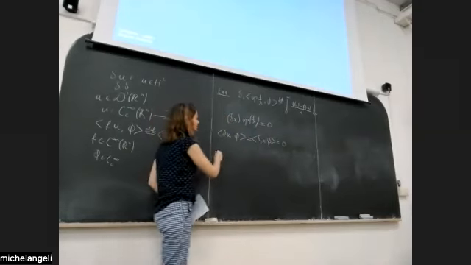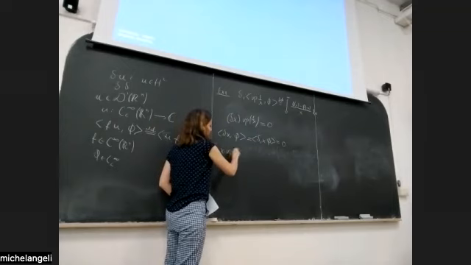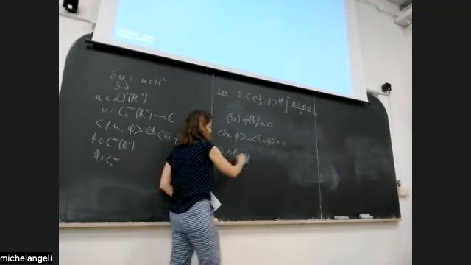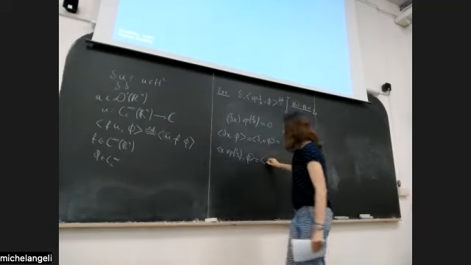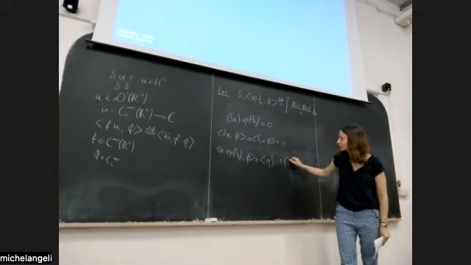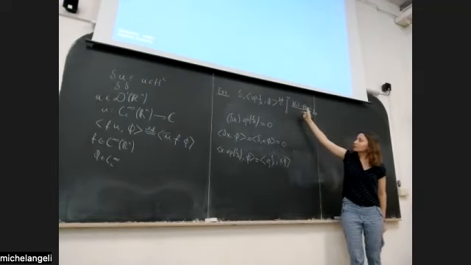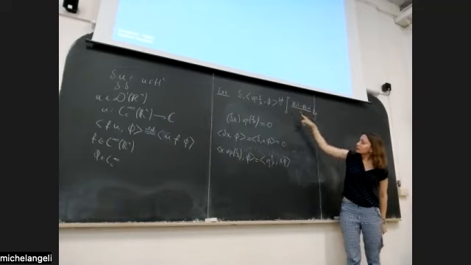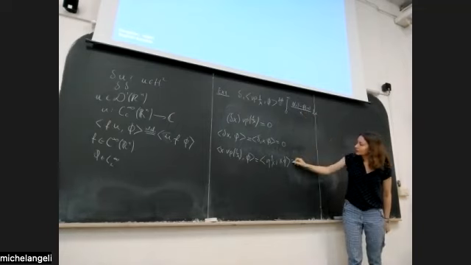On the other side, if we observe x times the principal value acting on phi, again a smooth function, it will be x phi. And then when we apply this definition, here it will be x over x. In the end, when we calculate this integral, it will be actually 1 acting on phi.